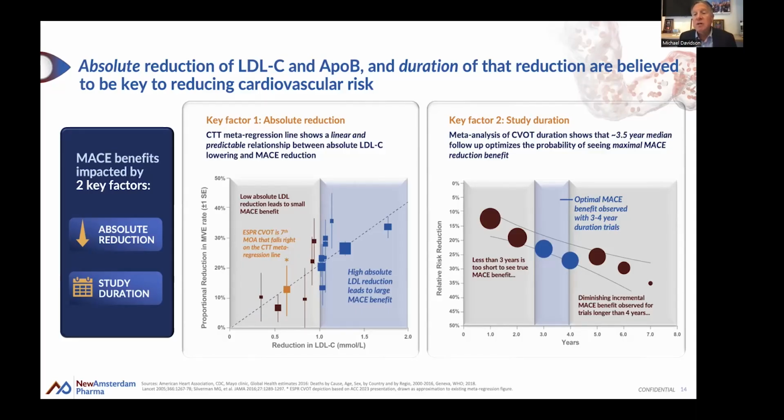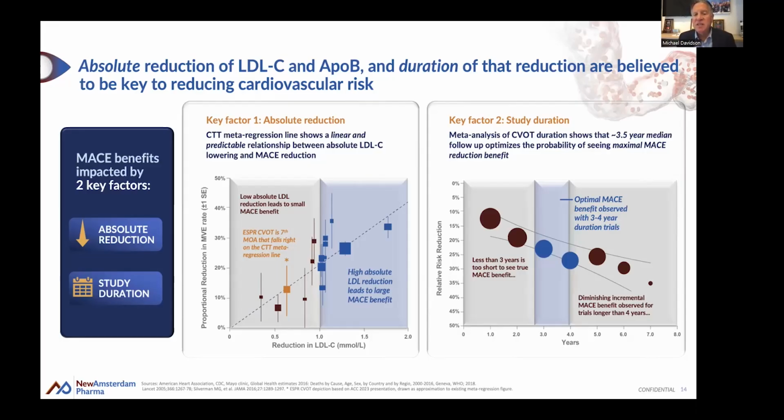And what we've learned over the years is that there's really two factors that drive clinical benefit. And I myself, to be honest, was really not aware of this until the last few years. And that is that it's not the percent LDL lowering that matters, it's the absolute LDL lowering, the amount of milligrams per deciliter drop in LDL that results in a cardiovascular benefit.